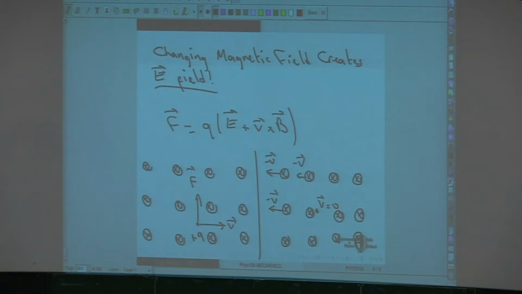No, hold on. I'm not saying that these two systems have the same electric field. True. This is for this system.